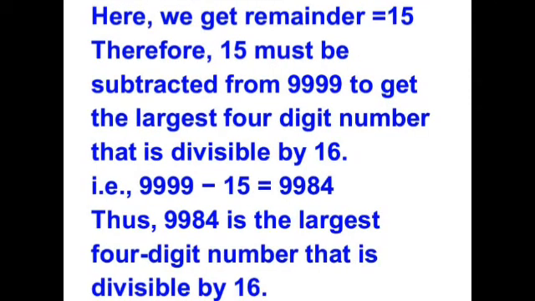After dividing the number, we get the remainder 15. So 15 must be subtracted from 9,999 to get the largest 4-digit number that is divisible by 16. When we subtract, we get the answer 9,984. Thus 9,984 is the largest 4-digit number that is divisible by 16. Please divide it by yourself.